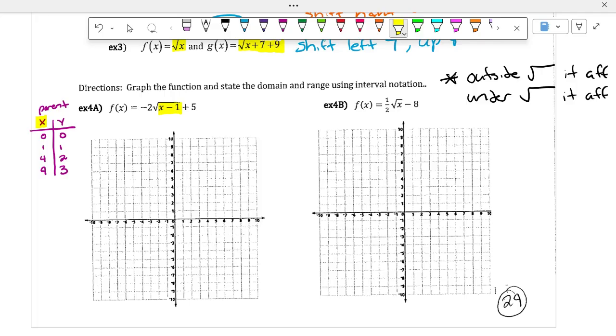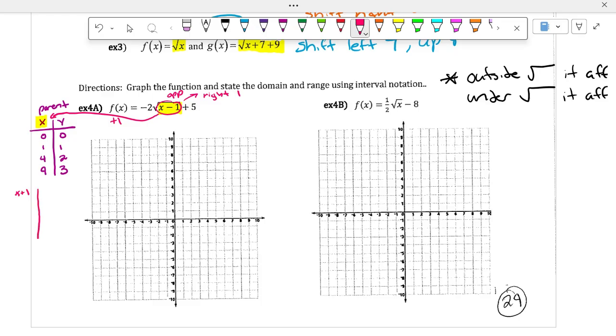All right. So what we're actually going to be doing to our x values here is we're going to be adding 1. So in other words, you're going to do the opposite of what's under that radical. And it makes sense because what direction are we going here? No. X values, left, right. Look at the table, guys. You're going right 1. So obviously, we're going to have to add 1 to make it go right 1.